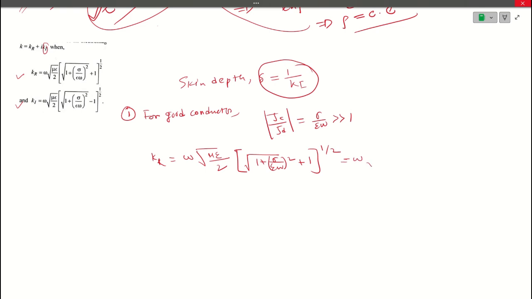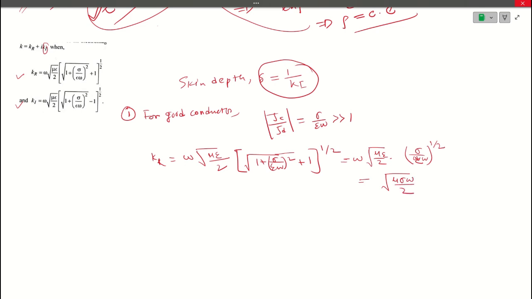Since sigma by epsilon omega is very much higher than 1, we can rewrite this as omega times root over mu epsilon by 2, then sigma by epsilon omega, to the power half. Epsilon cancels out, both being under root, and we get root under mu sigma omega by 2.